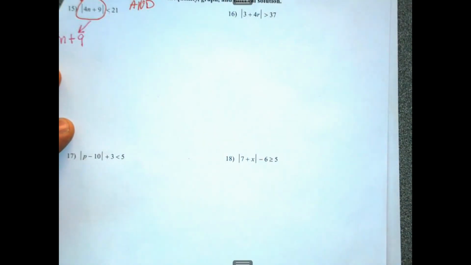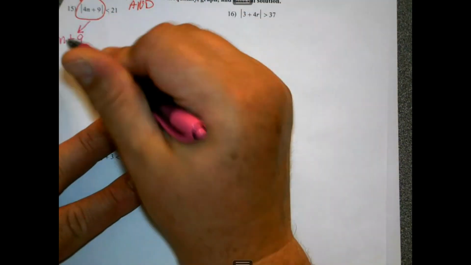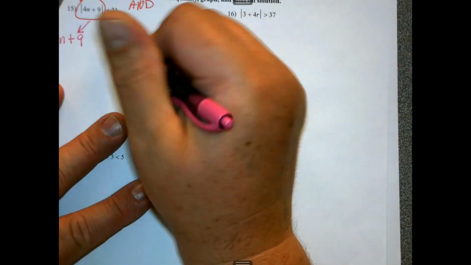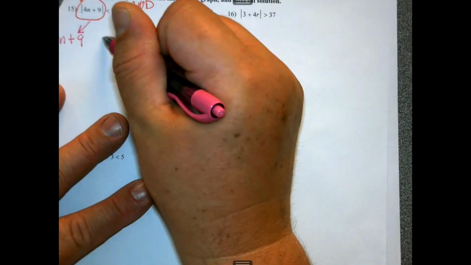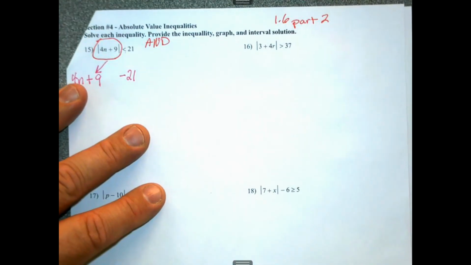Okay. So 4n plus 9 is, now I like my negatives first. So I'm going to put my -21. Scooch it over a little bit. There you go.